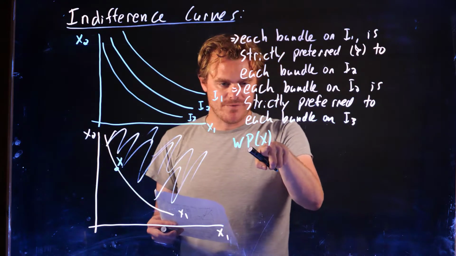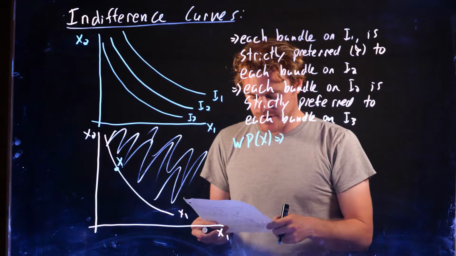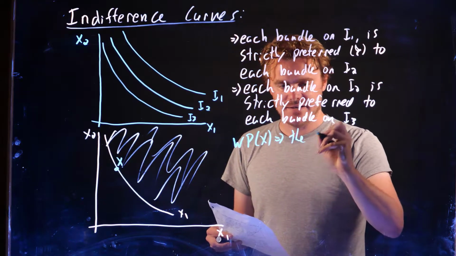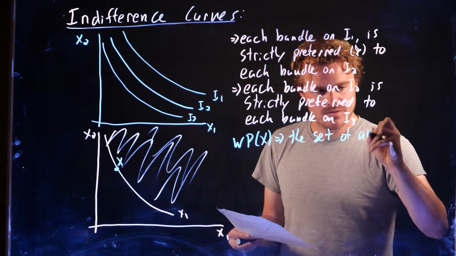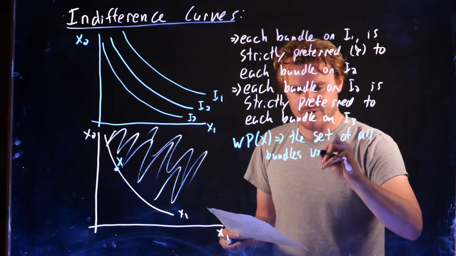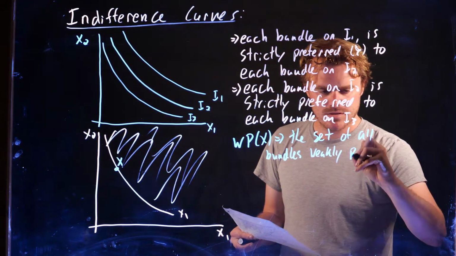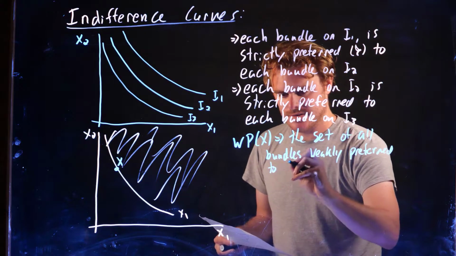So WP stands for weakly preferred, it is the set of all bundles weakly preferred to bundle x.